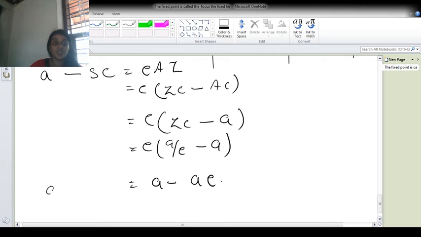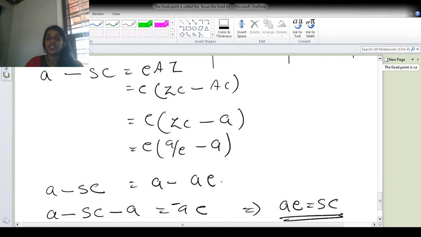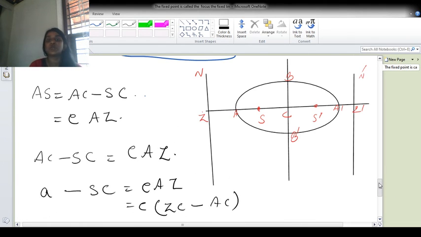So A minus SC equals A minus AE, so A minus SC minus A equals AE. This implies AE minus AE equals SC. So the distance from S to C is AE.